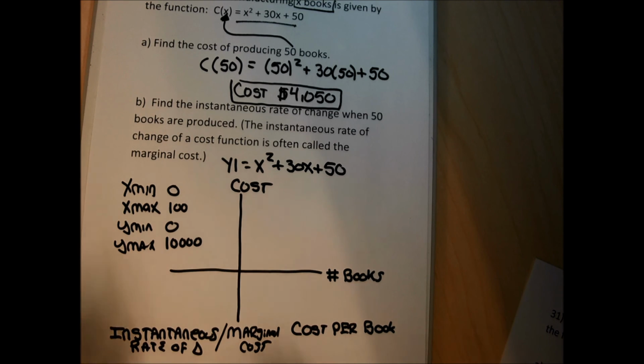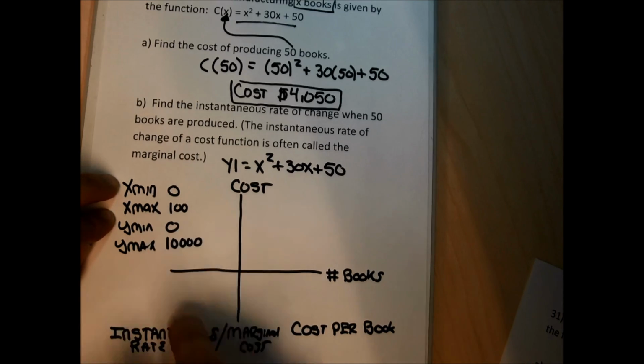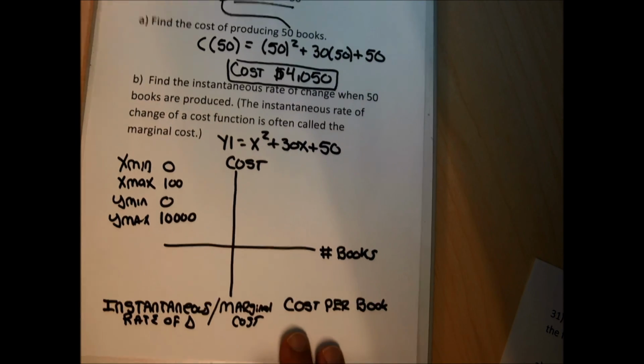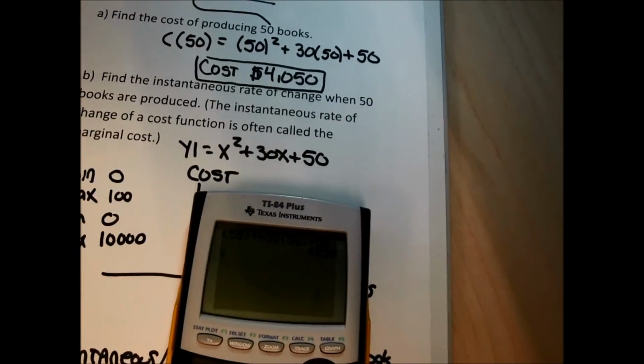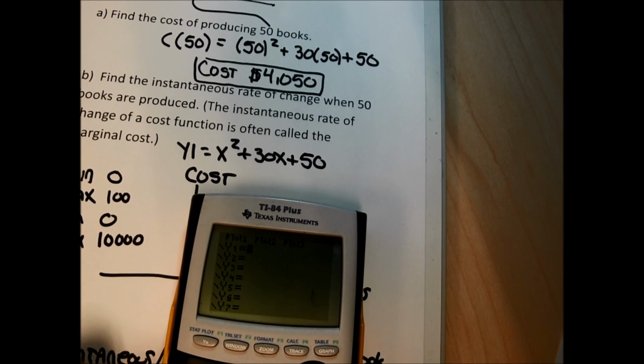Again, if I don't get the best picture, it doesn't matter. I can find the instantaneous rate of change as long as my x's have the x value in it. Whether I can or can't see the y's, it doesn't really matter. So I bust out my calculator, hit y equals, clear, x squared plus 30x plus 50, window: x min 0, x max 100, y min 0, y max 10,000.